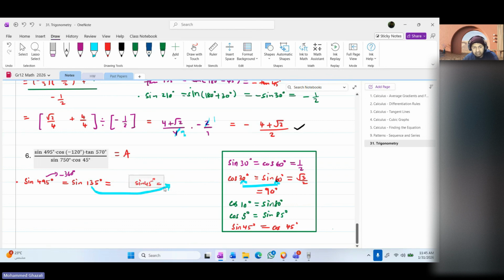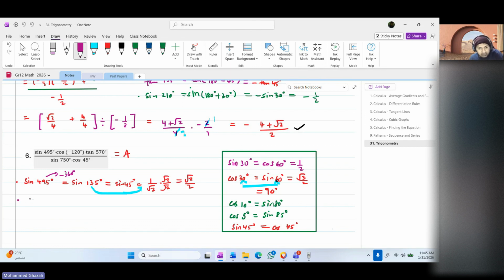So sine 135 is sine 45, and remember, sine 135 is in the second quadrant, so it is positive. So that's how we got sine 45, which is 1 over root 2. Multiply by root 2 over root 2, we get root 2 over 2. Right, so that's sorted. Next one.